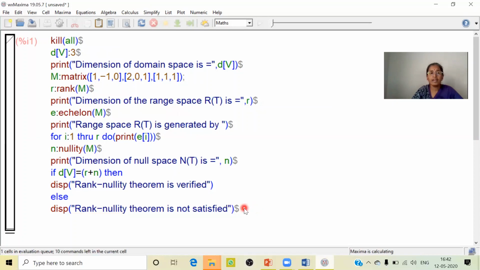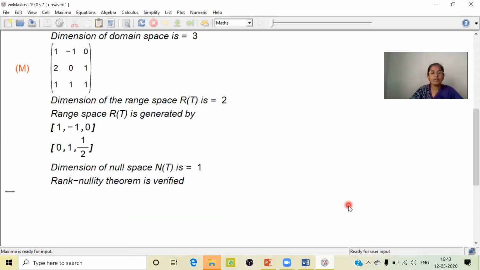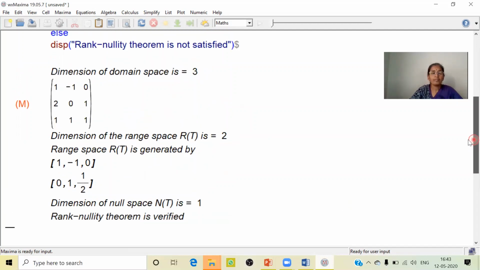Using the shift enter buttons, we see that the output is: dimension of the domain space is 3, because it is R cube, and this is the matrix which we have given as the input. The dimension of the range space is equal to 2, that is the number of non-zero rows in the echelon form.